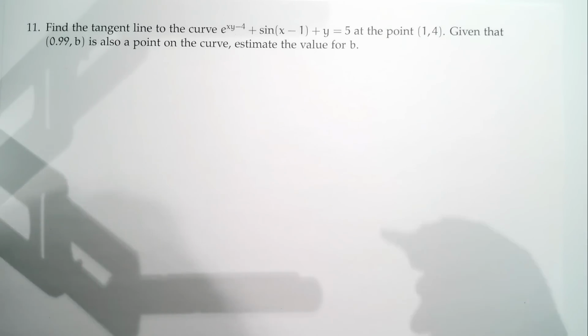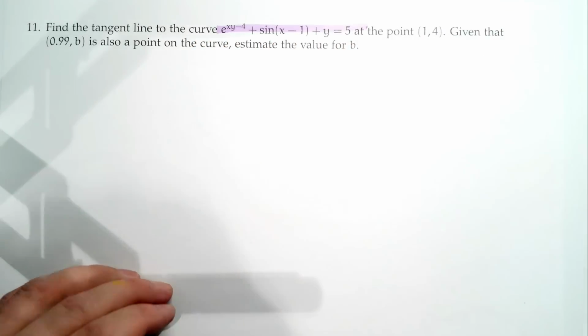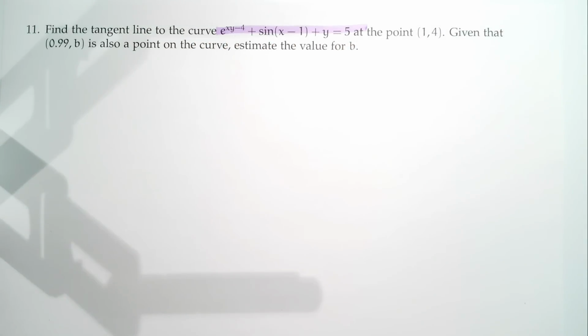So let's talk about the first one. There's a clue here, which is this function here. If you look at this function, notice how you do not have it as y as a function of x, but rather you have some equation written down that involves both x and y.